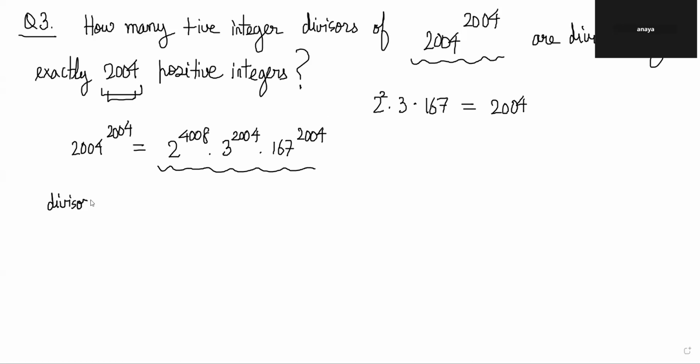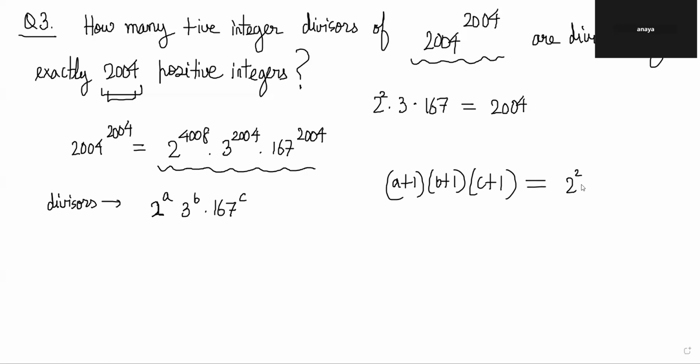So the number of divisors of this n is a plus 1 times b plus 1 times c plus 1, and we want that to equal 2004. We already know that 2004's prime factorization is 2 squared times 3 times 167. So a plus 1 times b plus 1 times c plus 1 has to be that in some way.